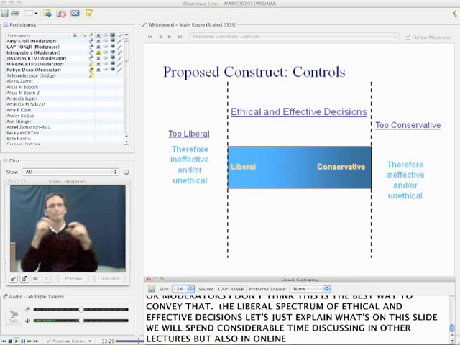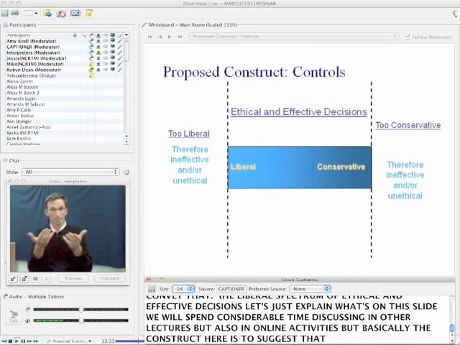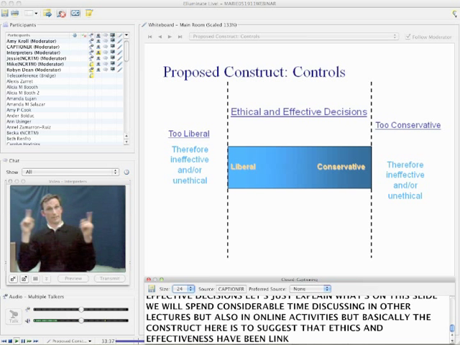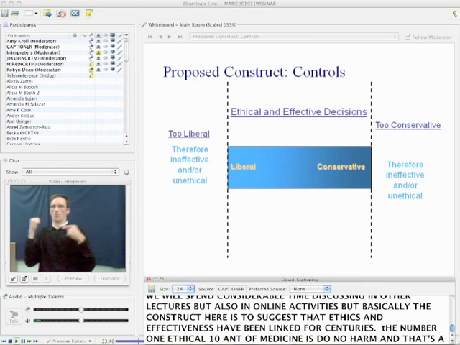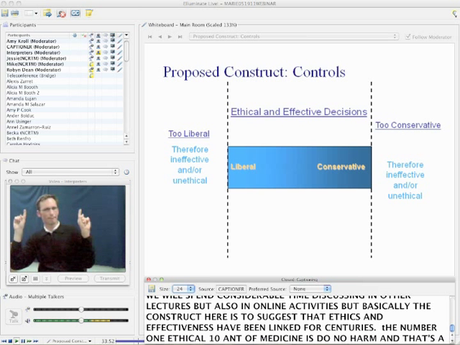But basically, the construct here is to suggest that ethics and effectiveness has been linked for centuries. The number one ethical tenet of medicine is do no harm. And in essence, that ethical tenet is a commentary on effectiveness. Do not do anything so egregious that it results in harm.